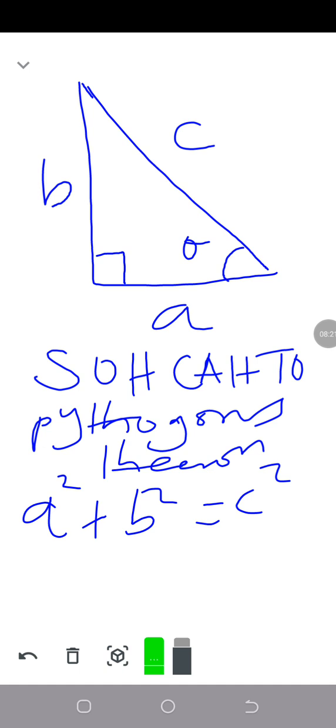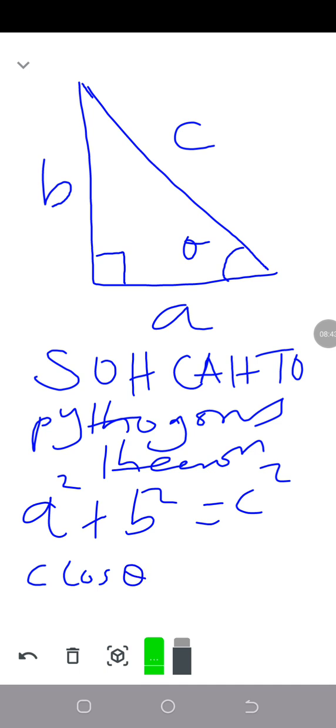So, using this Pythagoras theorem, we have A in terms of trigonometry, and A was C cos theta.